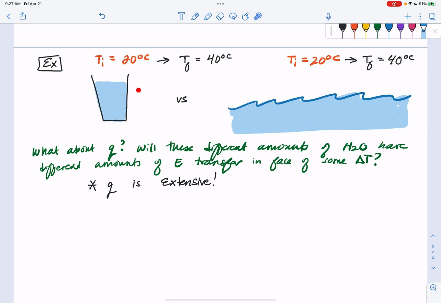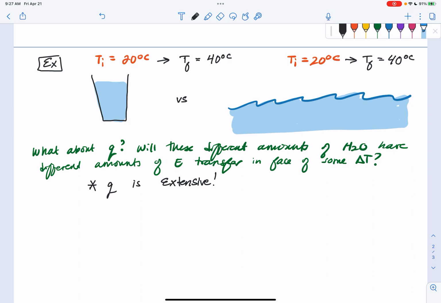Because if I'm trying to transfer heat out of my system or pump heat into my system, like I'm suggesting we do here, then how that system goes from its initial thermal energy to its final new thermal energy is going to be inherently dependent on how many things I have to heat. And when I say things in chemistry, we're talking about molecules.